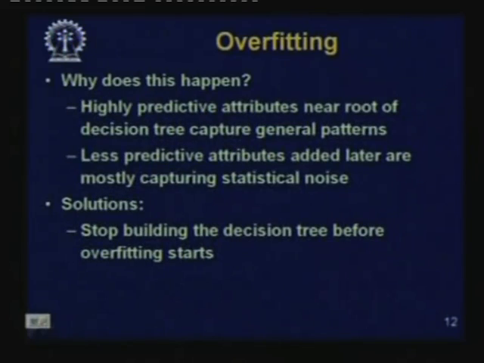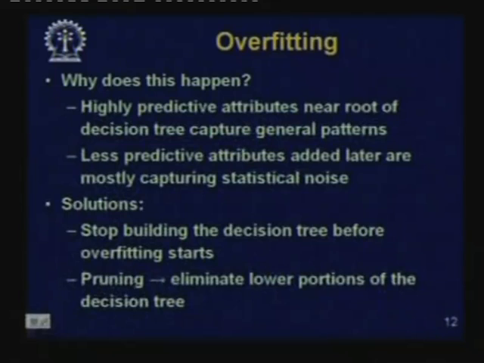Now, how do we overcome the effect of overfitting? There are two major approaches to take care of overfitting. Firstly, we can stop growing the decision tree before overfitting kicks in and takes over the process. So, we have to be careful how long to grow the tree. We should not grow the tree in all cases till completion as ID3 prescribes. Rather, we might decide to stop growing the tree earlier.